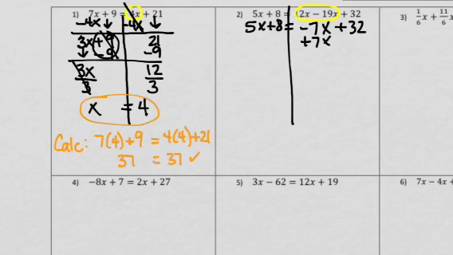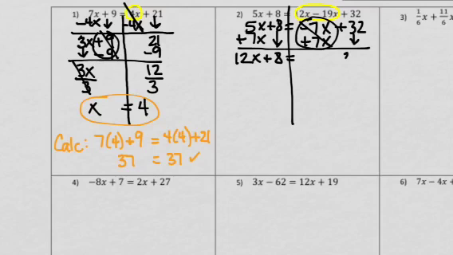And again, I am lining up my like terms. So 5x plus 7x is 12x. That plus 8 will drop down. Over here, minus 7x plus 7x cancels to be 0, and the plus 32 drops down. Now I'm ready to do the work that we did yesterday.